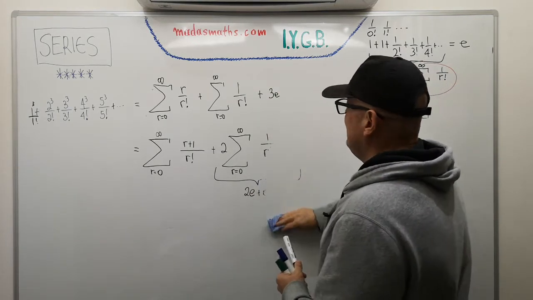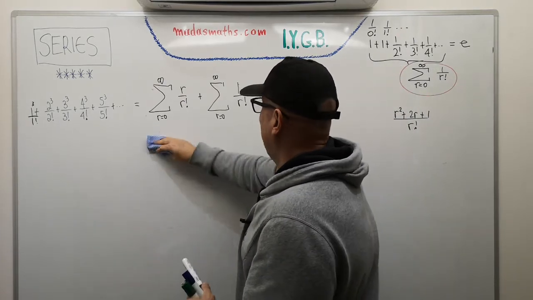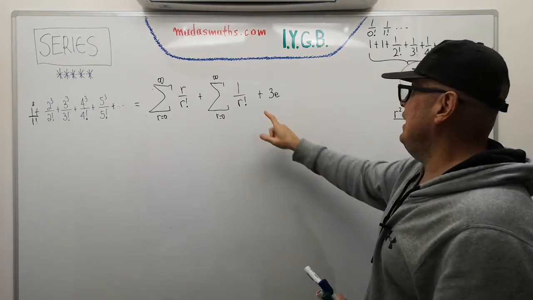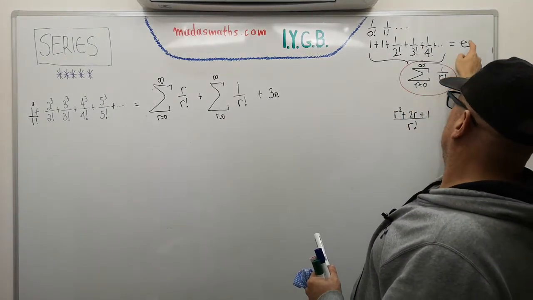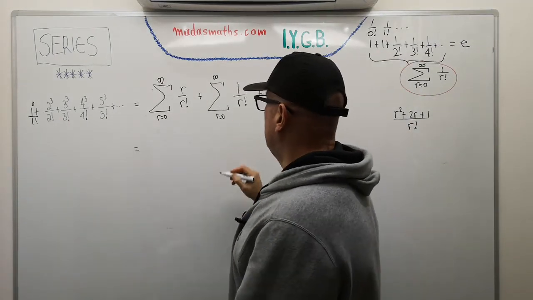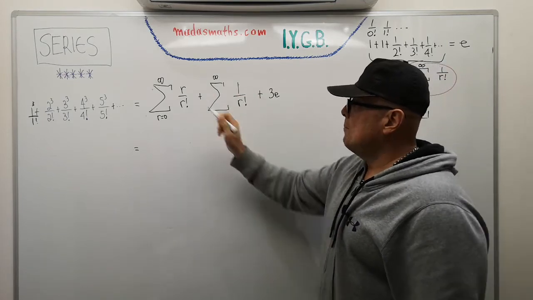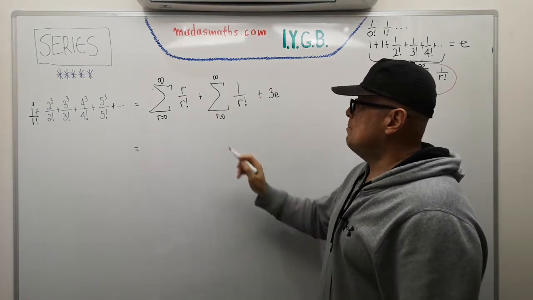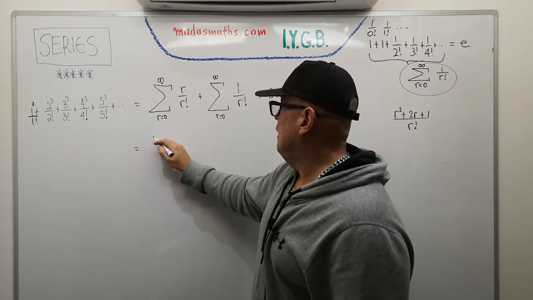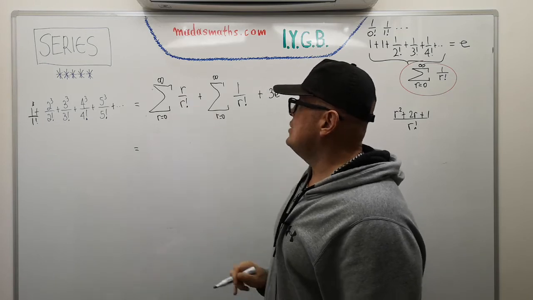Anything else interesting there? Yes, well, I got another e appearing there. This particular sigma running from r is equal to 0 to infinity is, of course, by definition e. It's up there. So let's do a couple of things at once. So I'm going to write in the next line, of course, e plus 3e, 4e. But the question is, what do I do with this particular expression there? Well, if we notice there, you see that r is equal to 0.